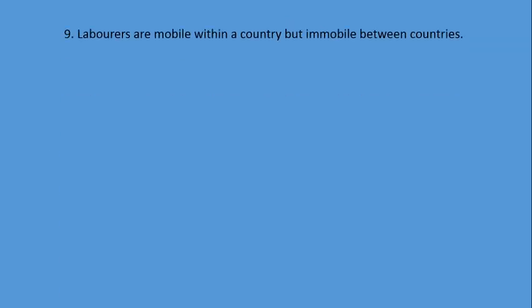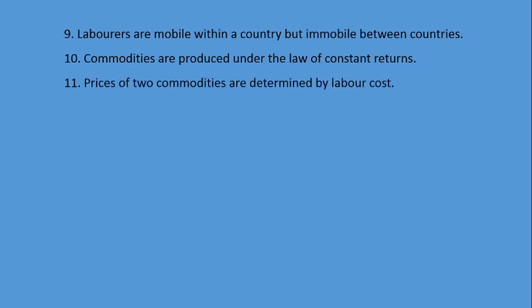The next assumption is that labor is mobile within a country but immobile between countries. Commodities are produced under the law of constant returns. Prices of the two commodities are determined by labor cost. Next, there is free trade between the two countries.